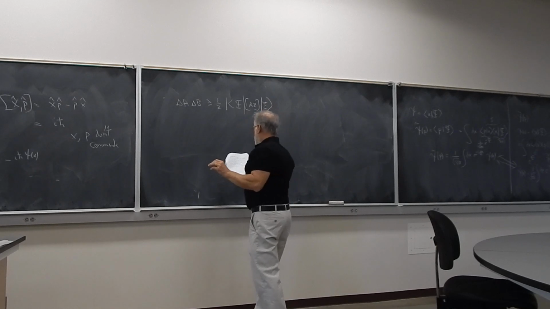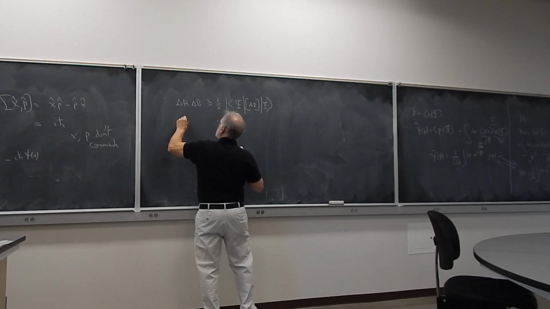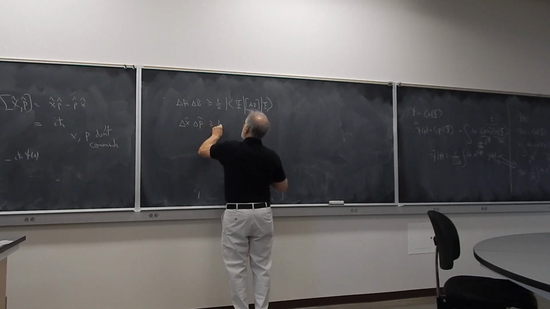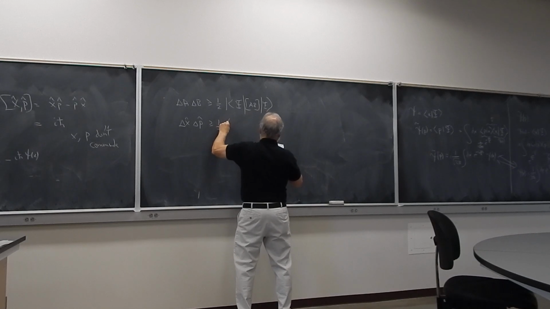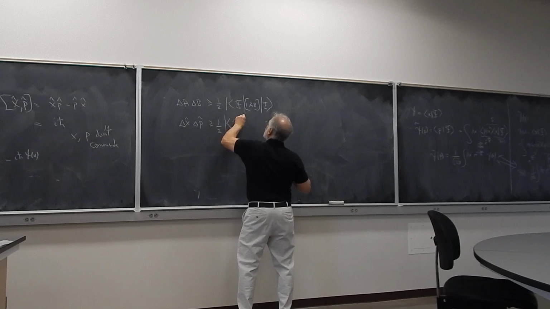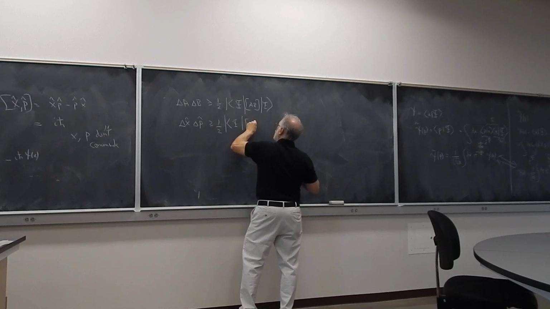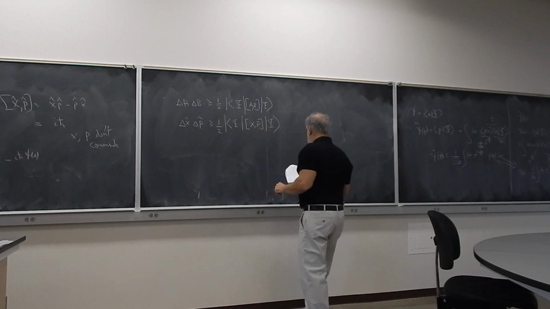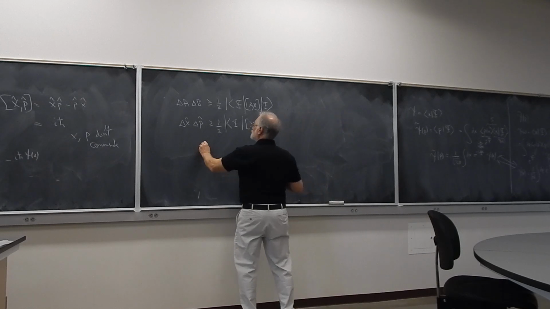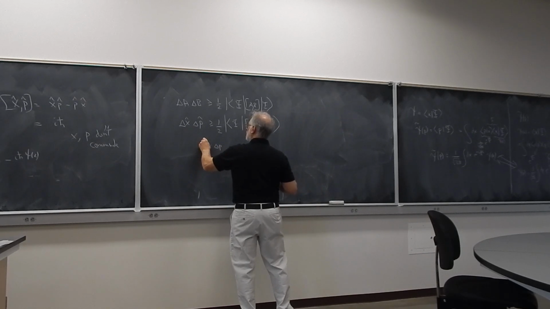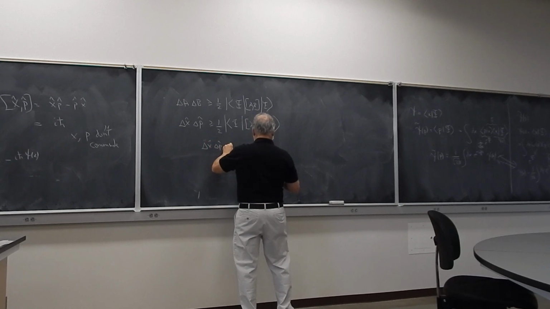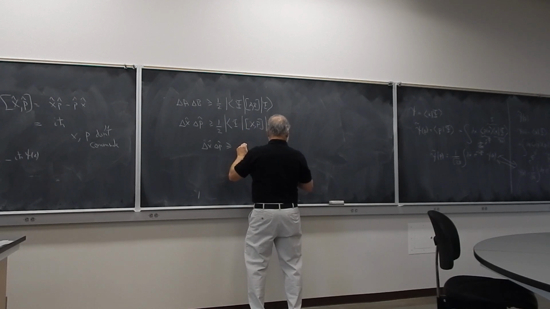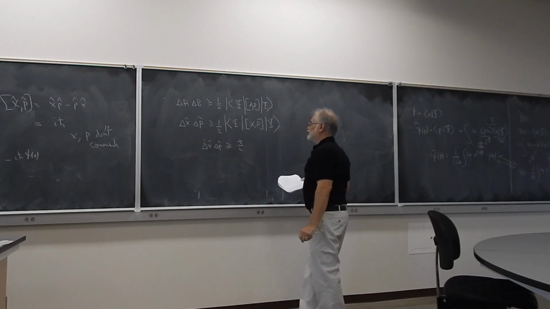If I put in momentum and position instead of A and B, I get 1/2 <psi|[x,p]|psi>, or delta x delta p must be greater than or equal to, if I put my commutator as i h bar, greater than or equal to h bar over 2.